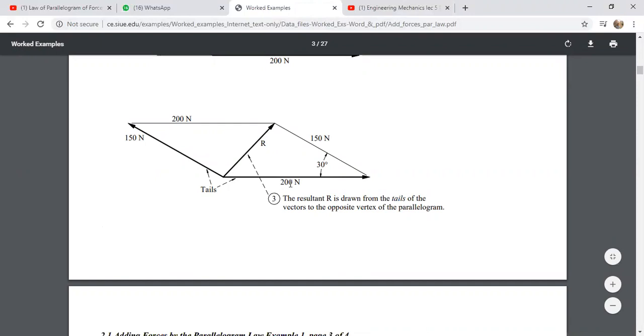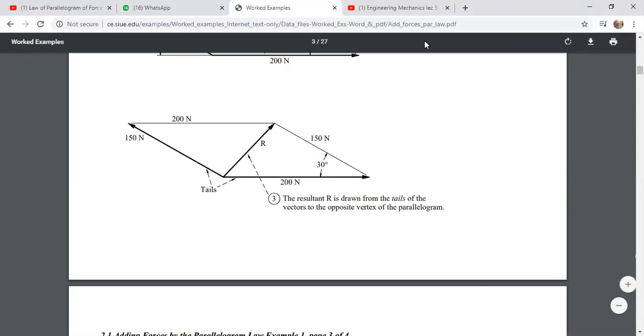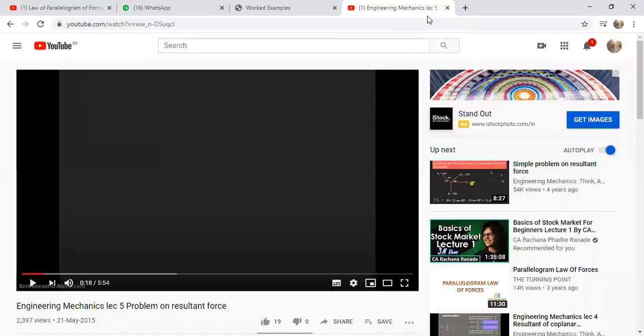For example, if we take 20 centimeters for the first force and 15 centimeters for the other, then the distance from this point to this point is the magnitude of the resultant. And the direction, the angle it makes from this, we will see. And we will go through one more problem here.